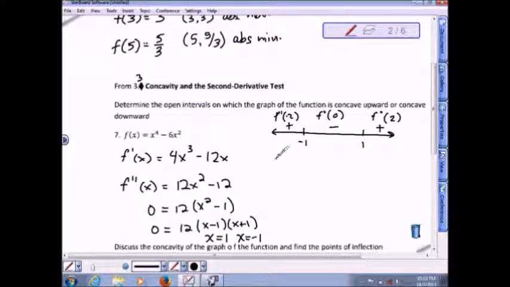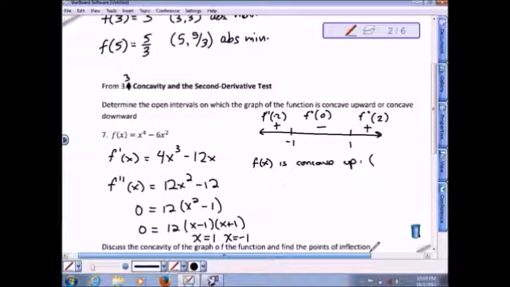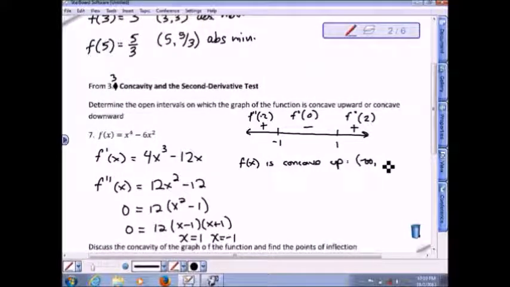So f of x is concave up on the interval -infinity to -1, union 1 to infinity. And f of x is concave down on the interval -1 to 1.